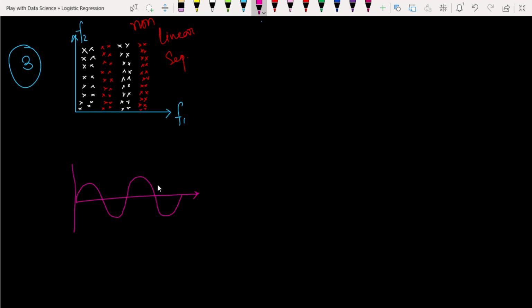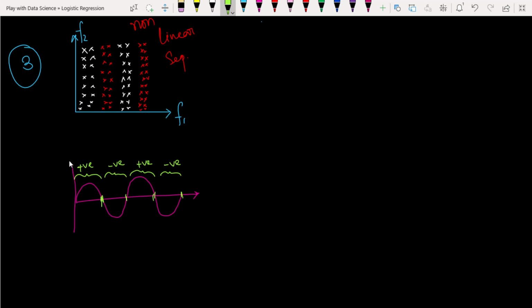If I divide this into four regions, in this region it is positive, in this region it is negative, here it is positive and here in this region it is negative.